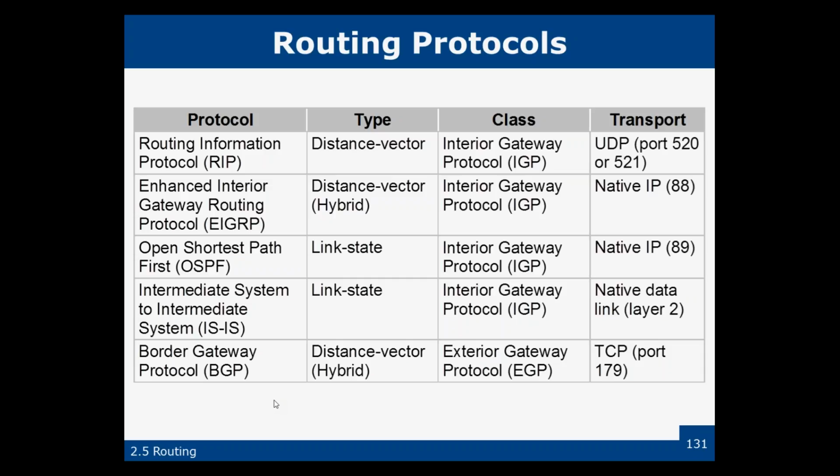So RIP can talk to any router that's running RIP. It doesn't really care. It uses UDP, port 520 and 521.